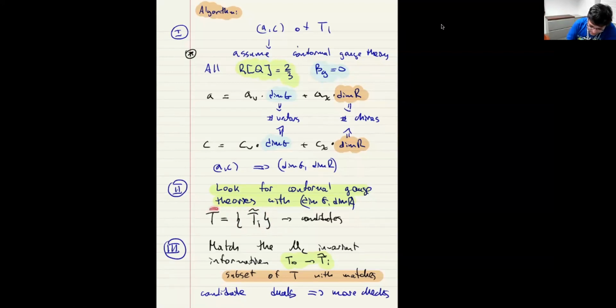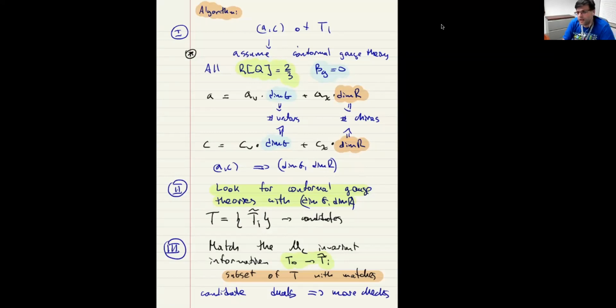So this finite list of theories are candidates to be duals of your original theory. And then in the next step of this algorithm, you just look at all the other types of MC invariants and compute them for every theory in this finite list of theories. And if all the MC invariant information agrees with what you want, you have a candidate of a dual.